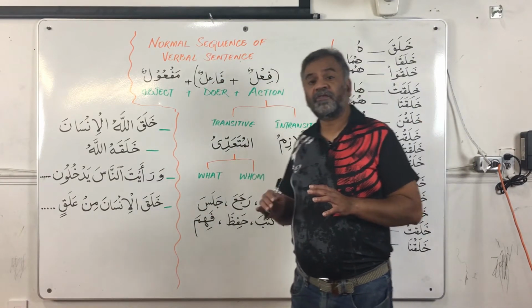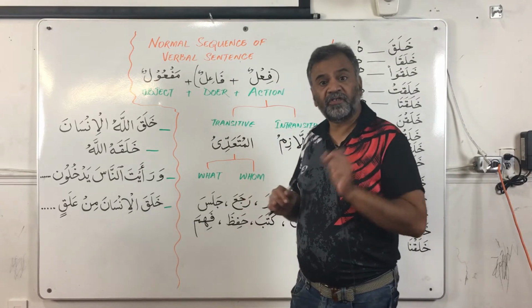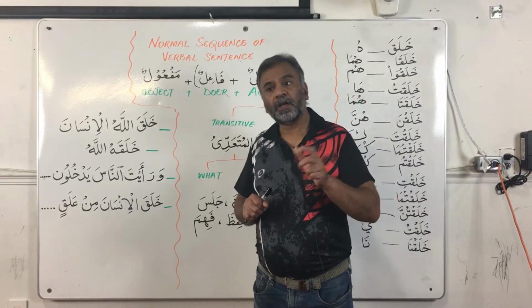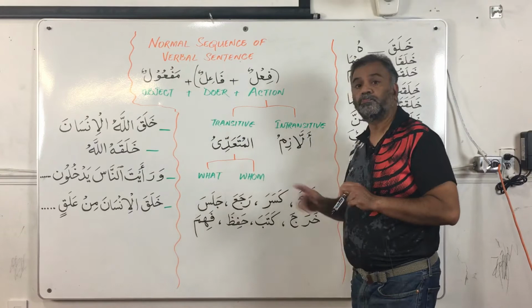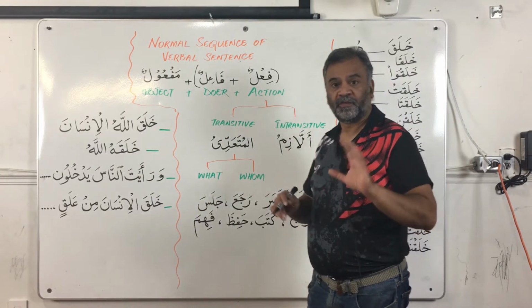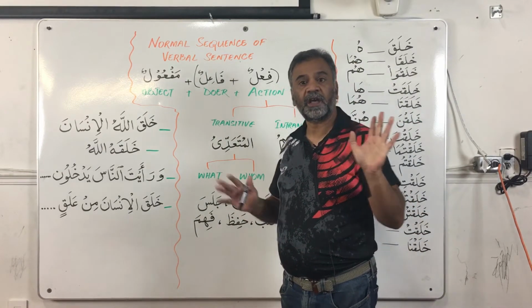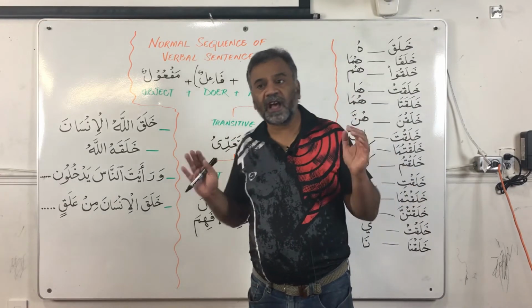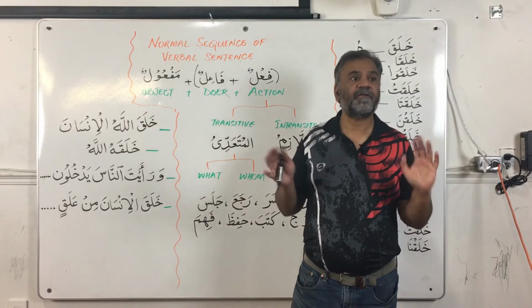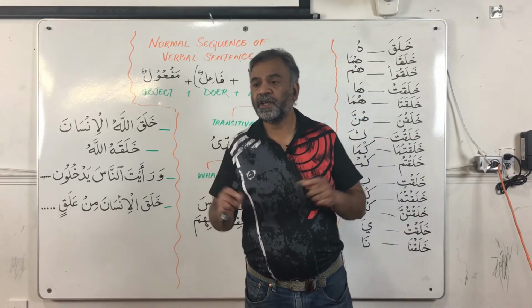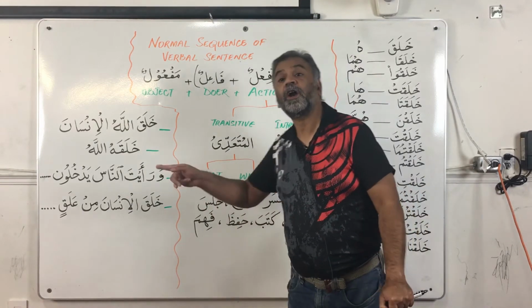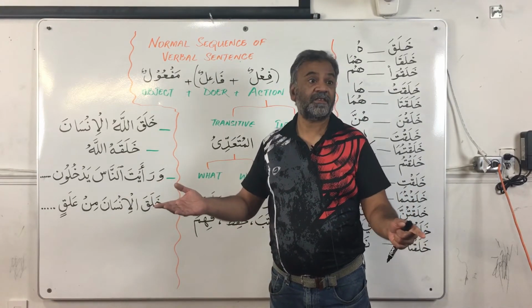When a verb comes, then we say to the verb what or whom. Okay, so remember these two words, what and whom. So when I say fataha, he opened, and I say he opened what? It makes sense.